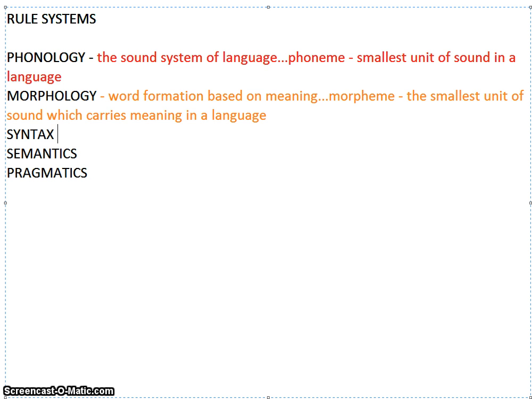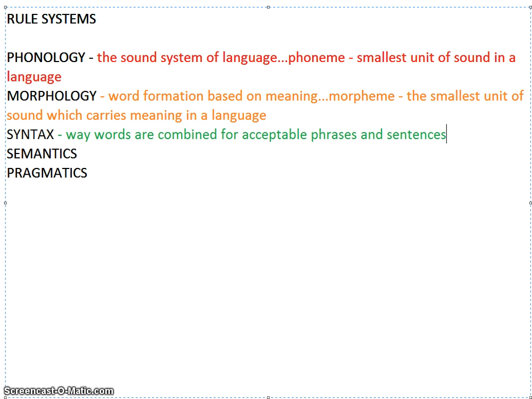Syntax is the way words are combined for acceptable phrases and sentences. So if you have inappropriate syntax, that would mean that the words are in the wrong order, basically.